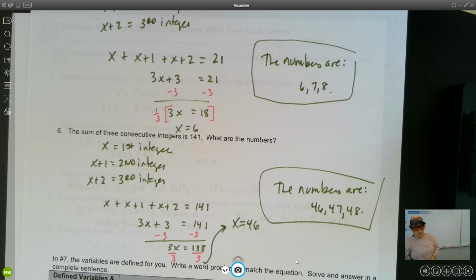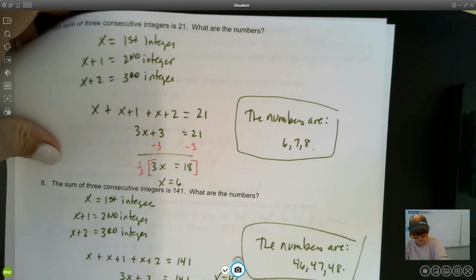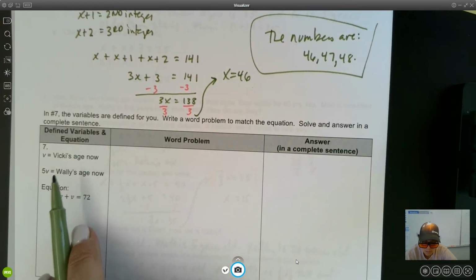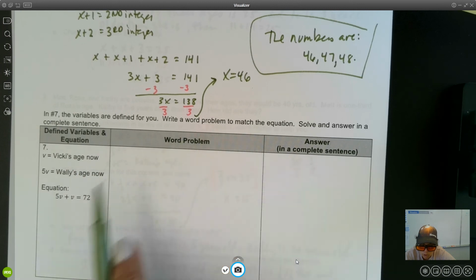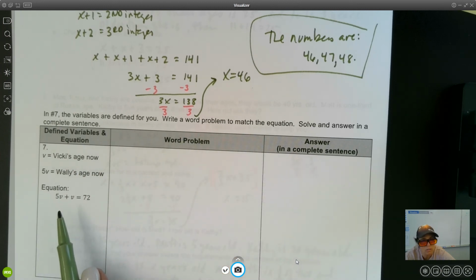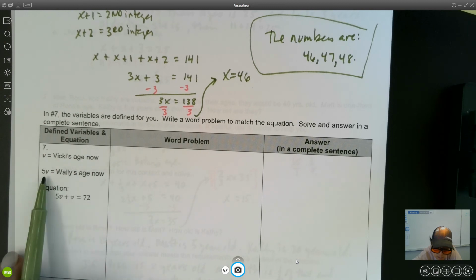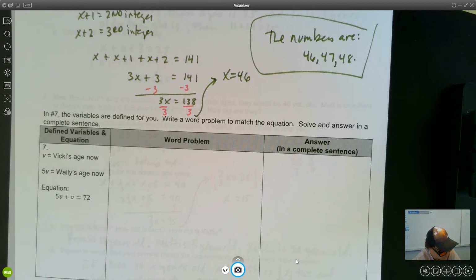Okay, one last one down here. We're going to be kind of working in reverse order. We're given the variables, and we have to write a word problem to match that equation. Okay, so we've got Wally and Vicky. Wally's older. He's 5 times Vicky's age because he's 5v and Vicky's v.